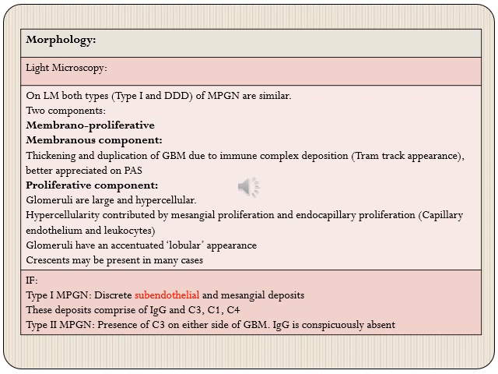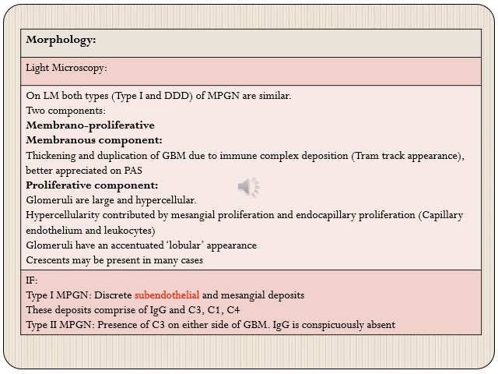Then the proliferative component: the glomeruli become large and hypercellular. This hypercellularity is contributed by mesangial proliferation as well as endocapillary proliferation. This endocapillary proliferation has two components, capillary endothelium and leukocytes. Because of this, glomeruli have an accentuated lobular appearance, and in severe cases we can also observe crescents.